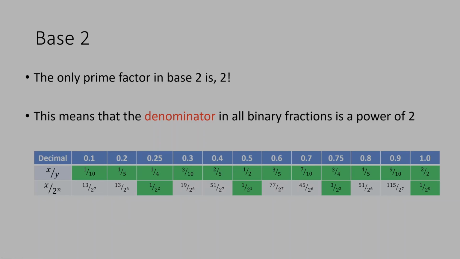Everything else, we will have these representation errors. That's not an issue in base 10 because all of these numbers we can represent perfectly, exactly, using these fractions. So base 2 brings its own representation errors because of the limiting factor that its only prime factor is 2.